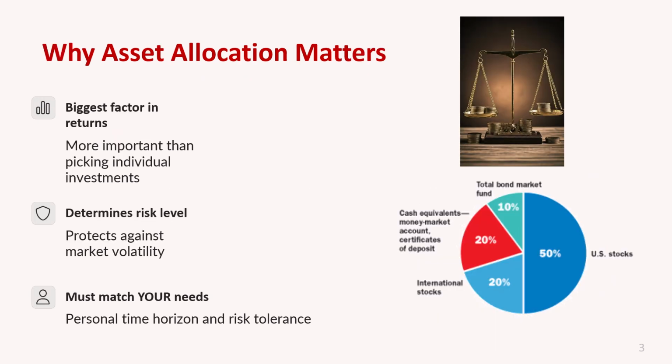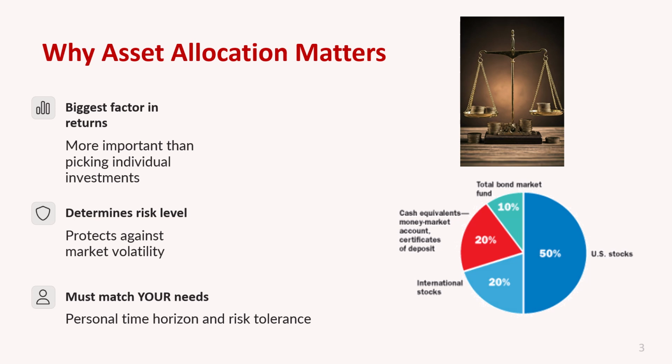Now you might be wondering, why does this pie slicing matter so much? Asset allocation is actually the biggest factor determining your portfolio's long-term return and how much risk you'll be taking. Yes, you heard that right.